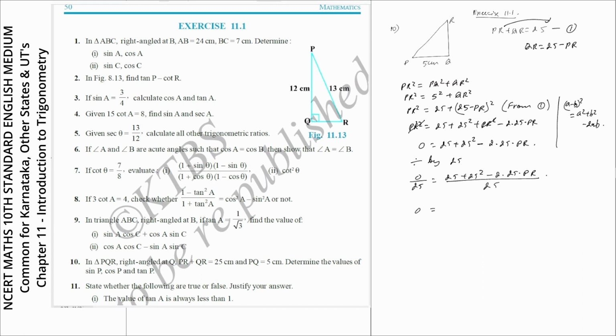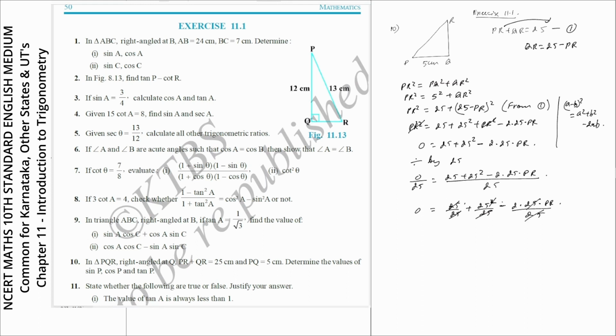So this is equal to, now I'll expand this one, I'll split this one. So 25 by 25 plus 25 square by 25 minus 2 into 25 into PR by 25 I will get. So here 25 will get cancelled. This 25, this square symbol will get cancelled.